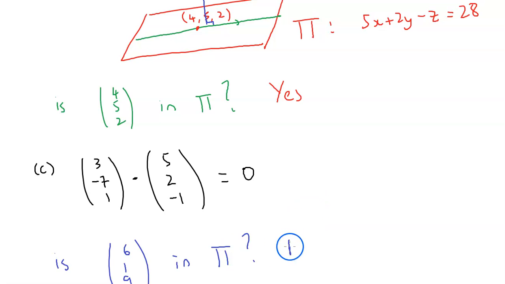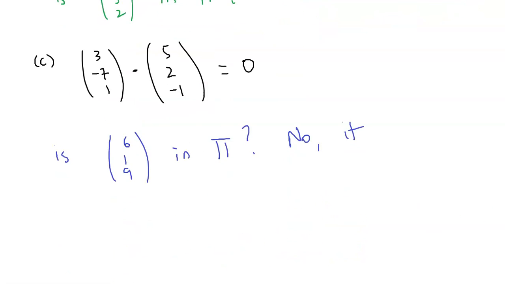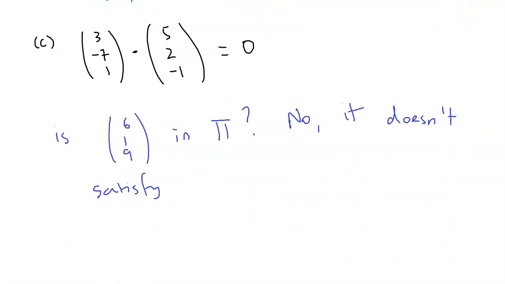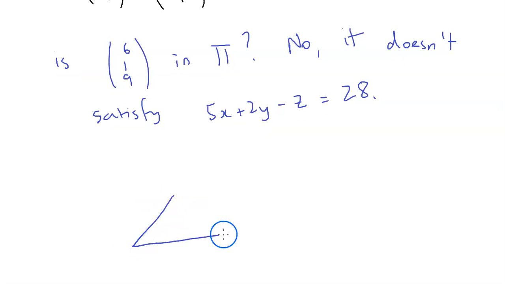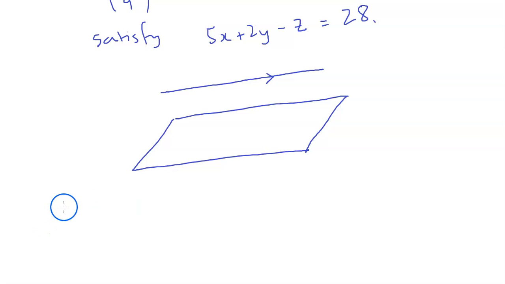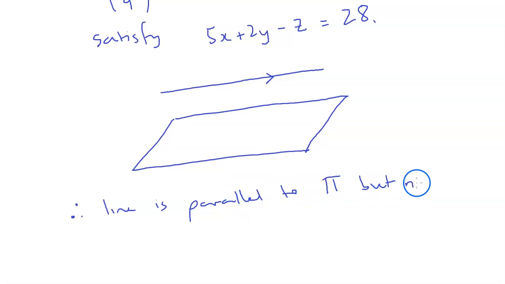So no, it doesn't satisfy the equation 5x plus 2y minus z equals 28. So that means it must be parallel to the plane, but not inside the plane. Therefore, the line is parallel to the plane pi, but not contained in it.